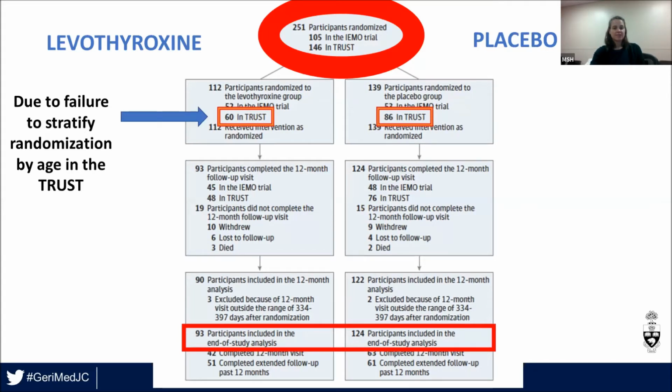And due to failure to stratify randomization by age in TRUST, actually in the levothyroxine group, they only had 60, and there were 86 in the placebo. And by the end of study analysis, there were 93 participants in the levothyroxine group and 124 in the placebo group.